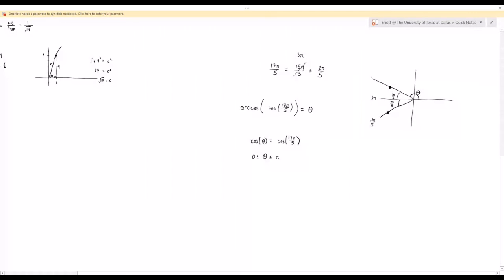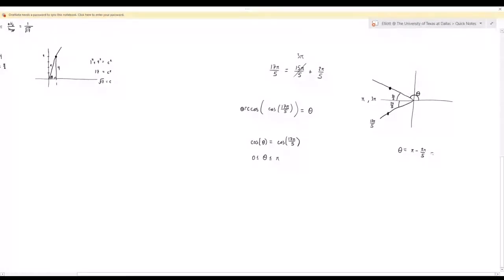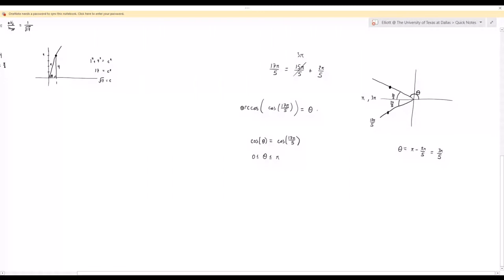So theta, I want it to be in this range, so I'm going to take pi, this angle of pi here, and subtract that 2 pi over 5 to figure out what the angle theta would be. In this case, it gives me an answer of 3 pi over 5. Okay. So then that would be the inverse cosine of cosine 17 pi over 5, okay?